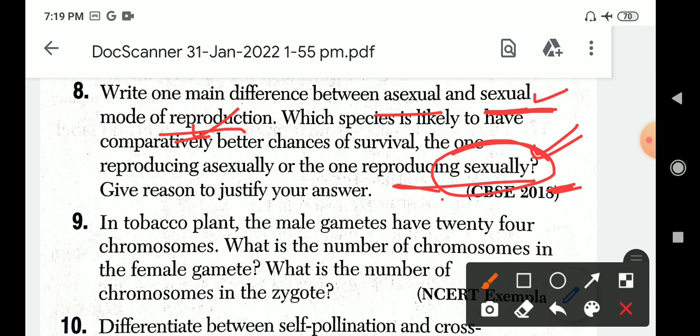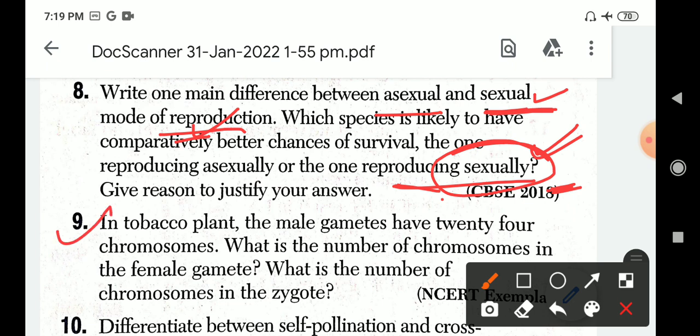So sexual reproduction has more advantage over the asexual. And if we see other differences also, there are many differences and good features which show that asexual reproduction is better than sexual reproduction.